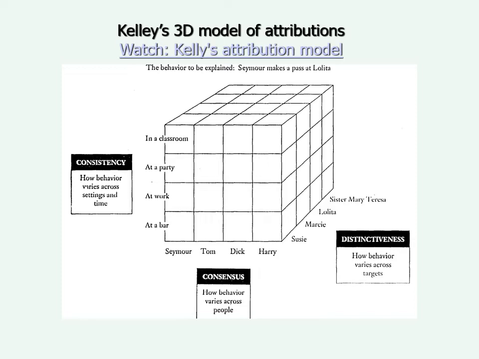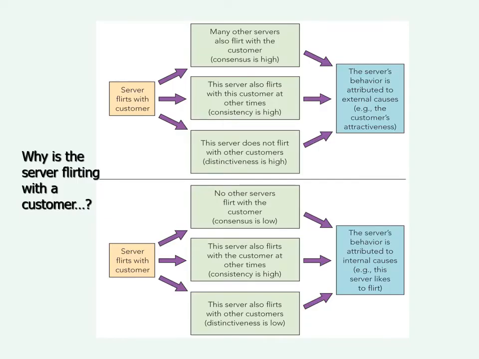Seymour made a pass at Lolita, but how about Tom, Dick, and Harry? Did they also make a pass at Lolita? And distinctiveness is whether Seymour's behavior is distinctive to Lolita, or he makes a pass at Susie, Marcy, and Sister Mary Teresa as well. Now, if you put together these three different sorts of information, which according to Kelley serve as the basis of reliable causal inferences, then you can come up with an internal or an external attribution.